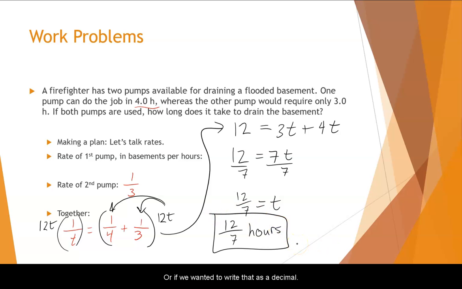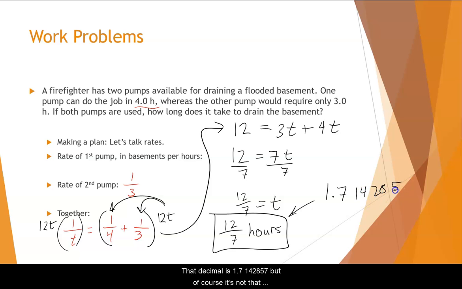Or if we wanted to write that as a decimal, that decimal is 1.714285. But of course it's not that accurate. I don't have that accurate of numbers. What we want to do is look at the significant figures. So 4.0 hours and 3.0 hours means my answer should be significant to just 2 places. So that's going to have 2 significant figures of 1.7 hours.